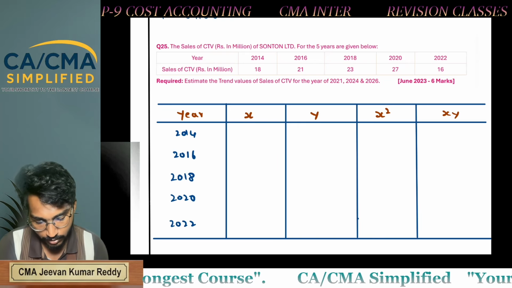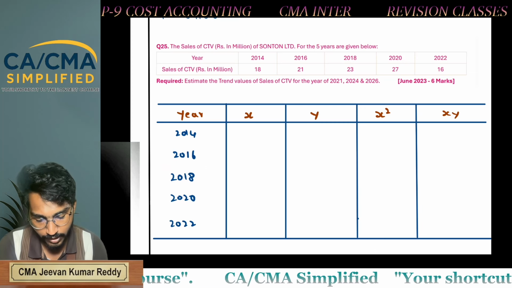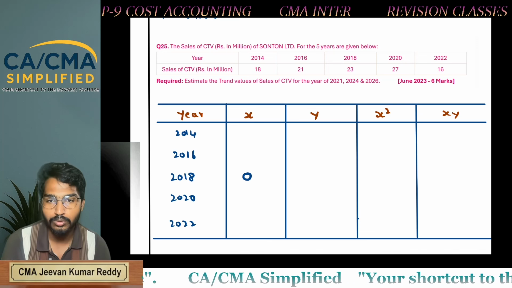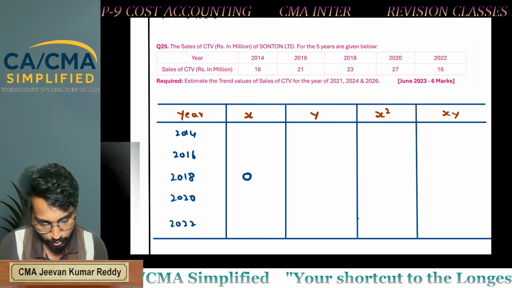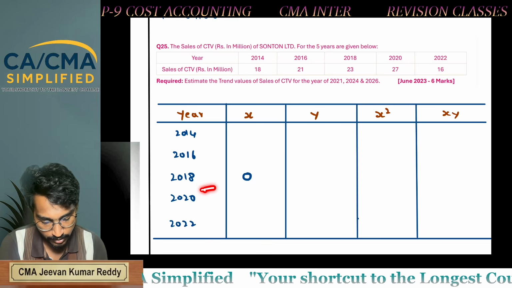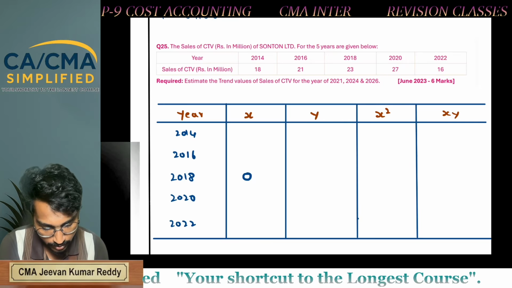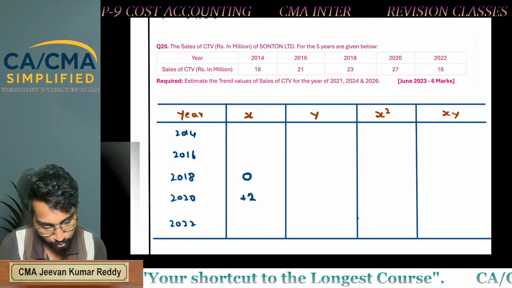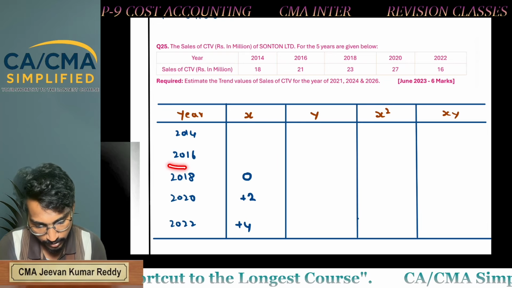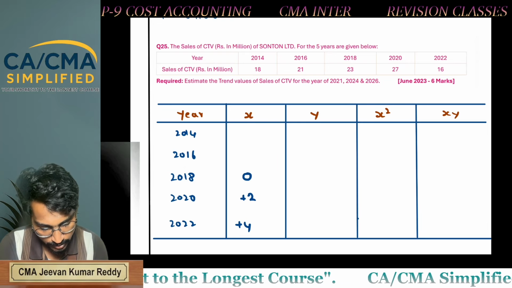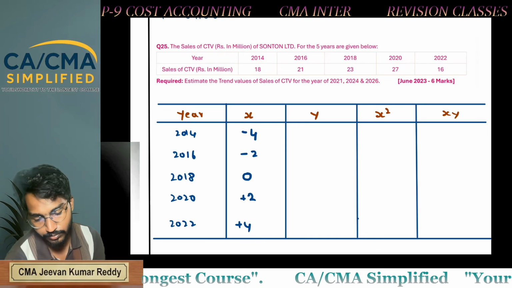Now from the middle number, that means 2018, we are taking it as the base year, that means 0. So the current year is 2018. 2019 is not here, so 2019 is -1, 2020 is +2, 2022 is +4. 2017 is not here, so 2016 is -2, 2014 is -4.